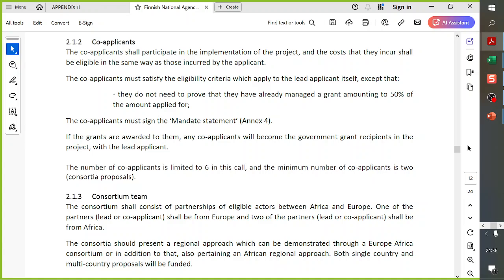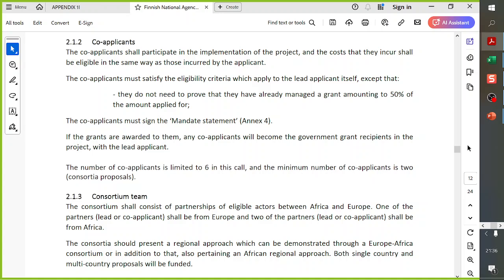It basically means that as a co-applicant, you're full partners. But you don't need to provide proof that you've managed more than we're applying for. It's 800,000, so we don't need to provide proof that we've managed at least a project of 400,000.